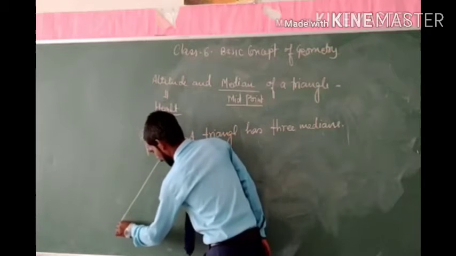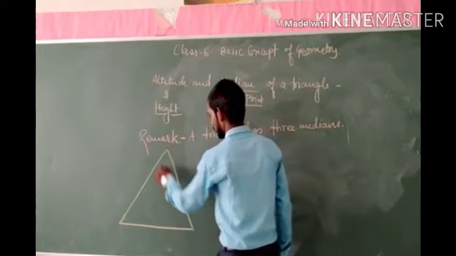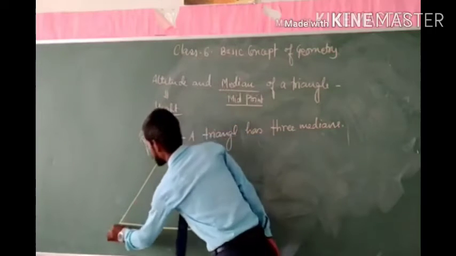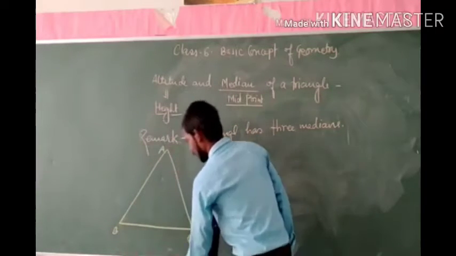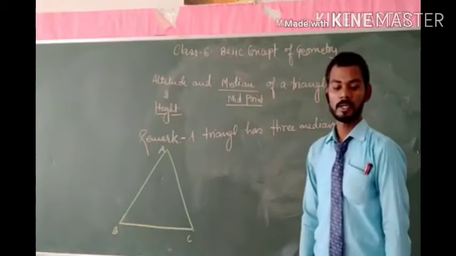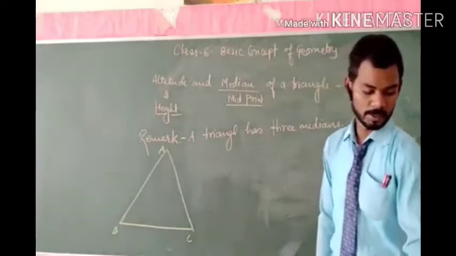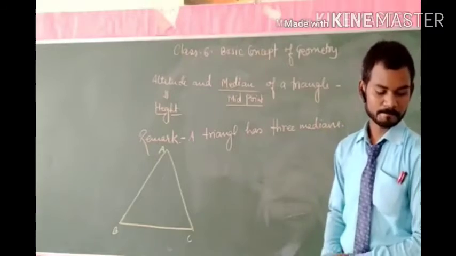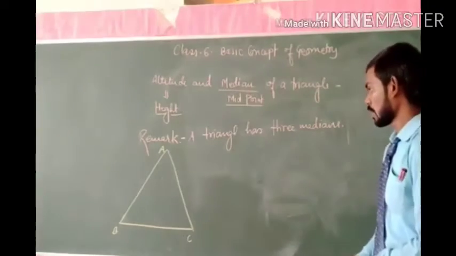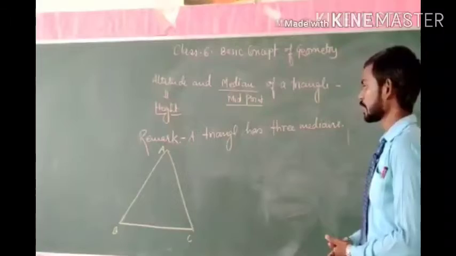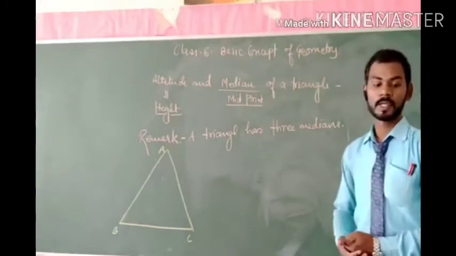Just suppose that I draw a triangle ABC. Here we have a triangle ABC. Now let us see how many medians there are in the triangle.